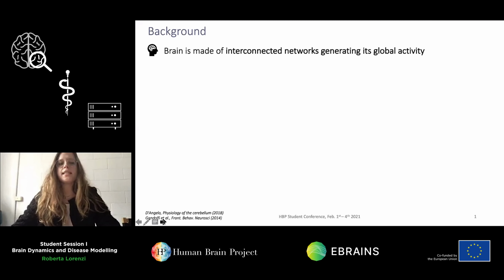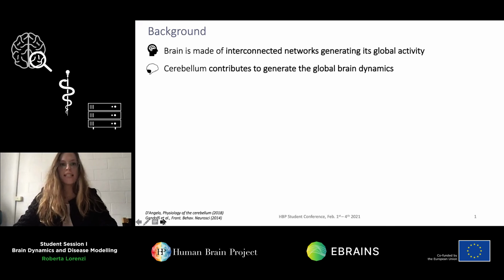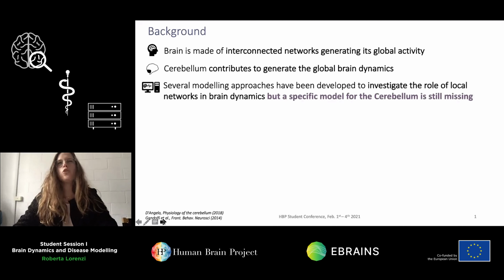Our brain is made of several interconnected networks that contribute to its global activity. The cerebellum is among these networks, and a lot of modeling approaches have been developed during the last years in order to investigate the role of local networks in brain dynamics.